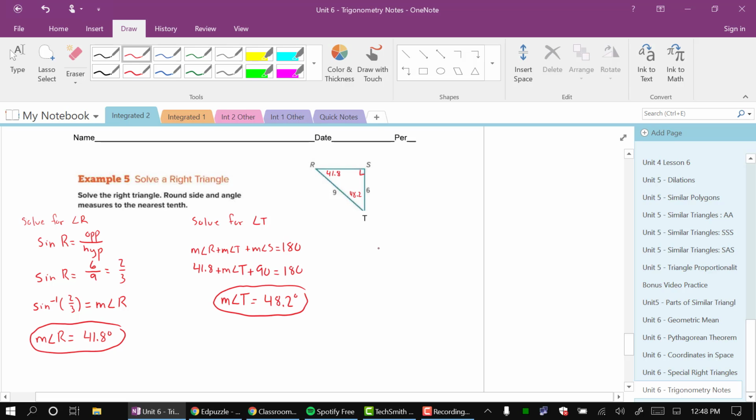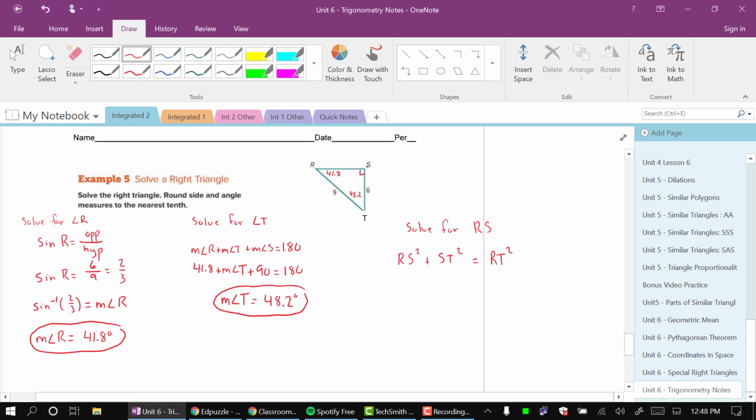Now I can solve for my last side, RS. Okay, how can I solve for RS? Well, this is a leg. This is a leg. This is my hypotenuse. RS squared plus ST squared equals RT squared.